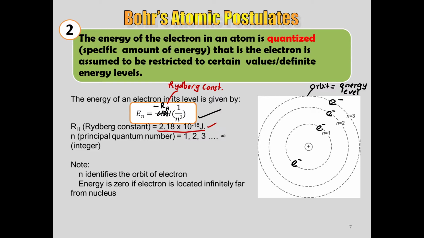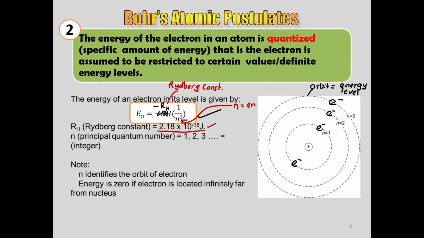Okay, make sure, because nanti kita ada lagi satu equation, dia guna the same constant tapi dia guna different value of Rydberg constant. Okay, so tak apa, lagi kita akan masuk, and then nilai n, so n is the principal quantum number ataupun is the energy level lah.